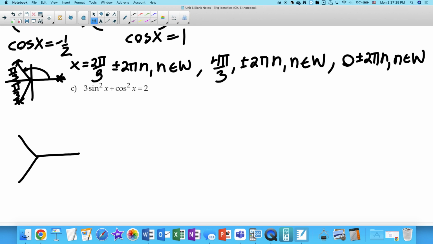If you rotate 1/3 turn, you're going to end up overlapping with this, right? So you could actually write this. The difference when you rotate to get into the exact same position is 2 pi over 3. So you could actually write this as x equals 0 plus or minus 2 pi over 3n, where n is an element of the whole numbers.